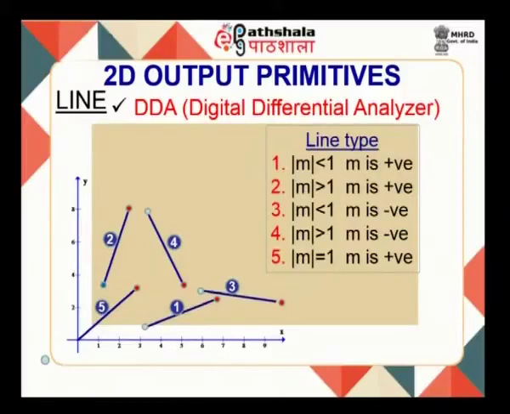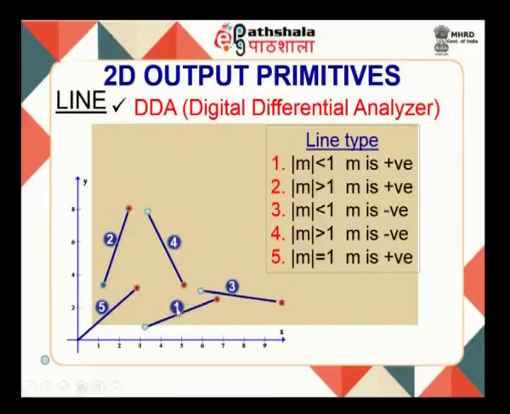So, let us start with this DDA line drawing procedure. We can imagine various types of lines that exist. For example, in line type 1, the dots indicate the starting and ending points of the line: a light blue dot at one end and a red dot at the other.